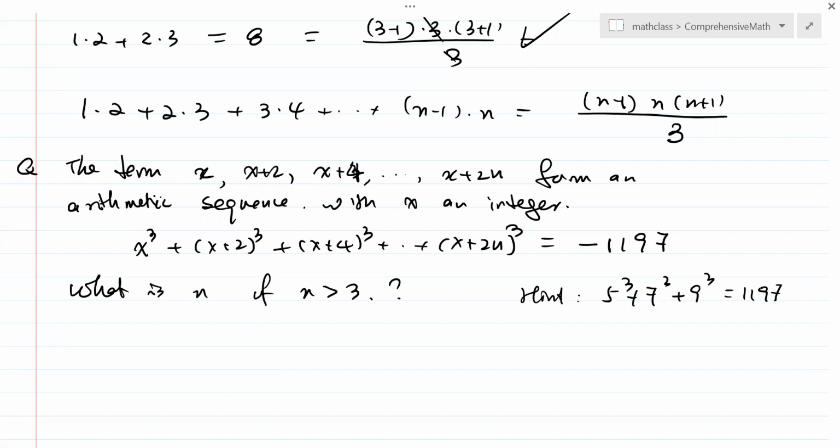I did not solve the problem using this shortcut because I did not know that 5 cubed plus 7 cubed plus 9 cubed equals 1,107. I just did it directly using the formula.